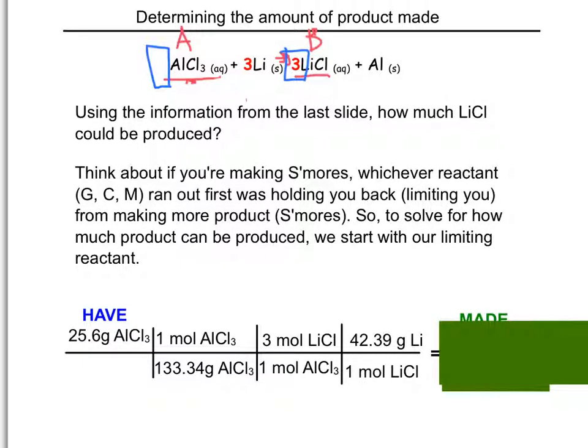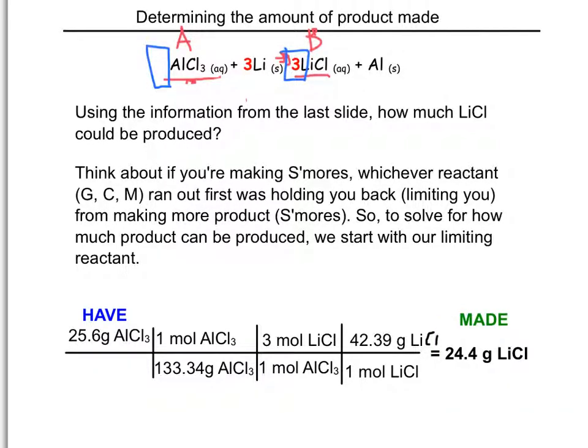I apologize, there is a typo on here; this should say lithium chloride right there. Then we find our final answer, and we are able to produce 24.4 grams of lithium chloride. So what this number is telling me is that if I use up all of the aluminum chloride that I have in my cupboard, I can produce a maximum of 24.4 grams of lithium chloride.